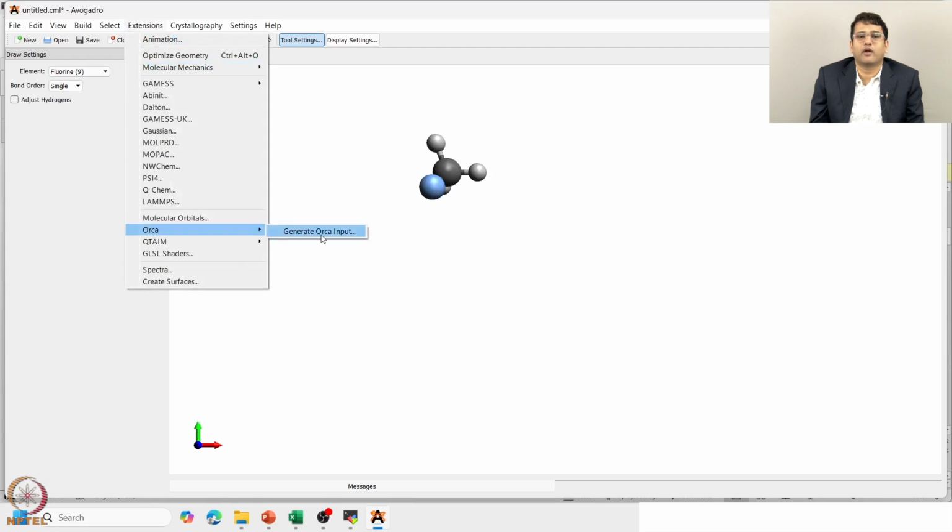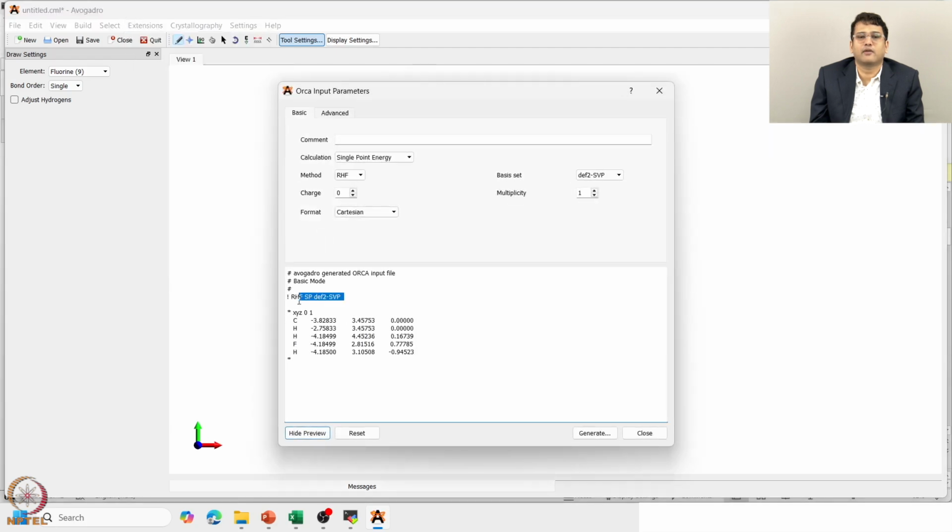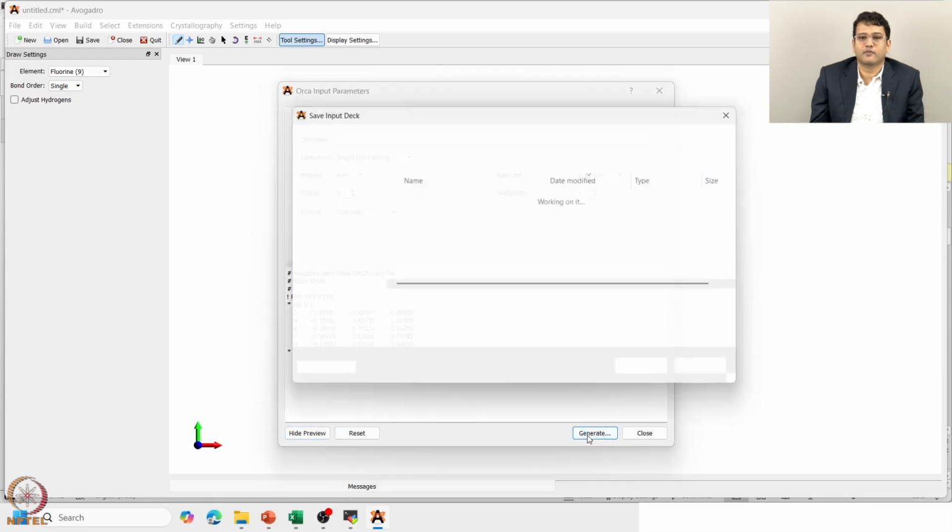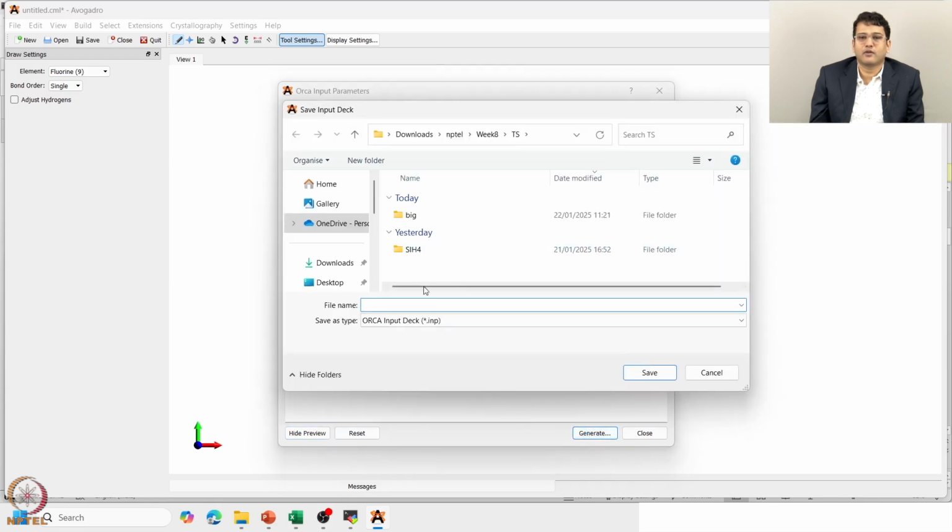I make the Orca input file. This is a simple molecule, and we have given a good geometry, so hopefully it will optimize without any frequency calculation or anything. It is a good idea to even give the frequency keyword. So, we make a folder called TS.